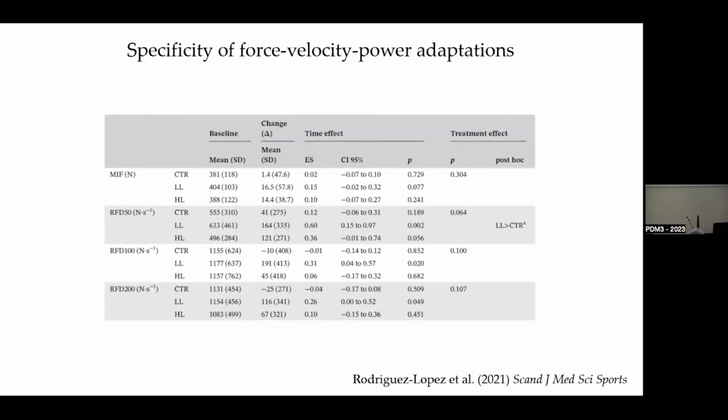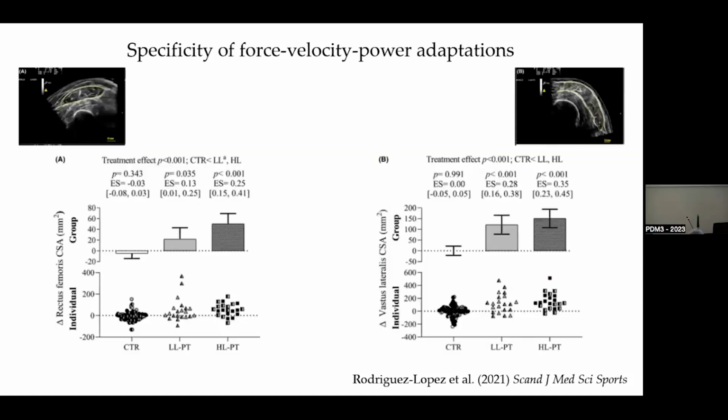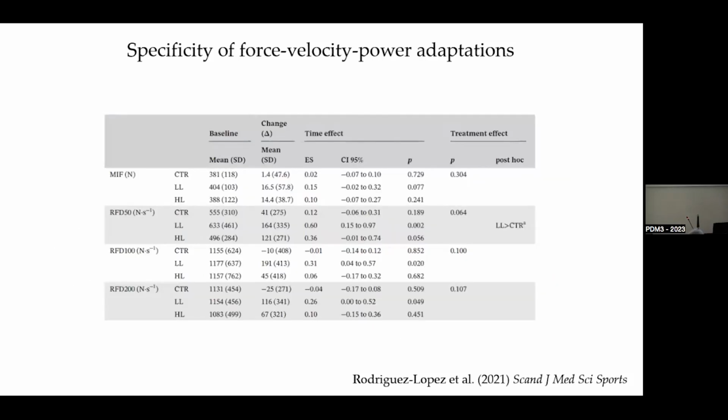Also, in terms of isometric performance, we found a significant increase only in the light, or especially in the light load condition, again for the very explosive and shorter contractions.